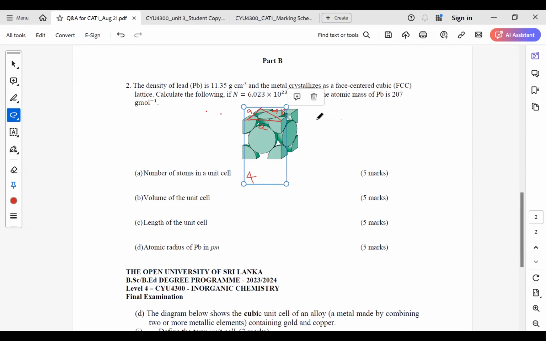Then if we write the Pythagoras equation for this, it will be 4R square equals A square plus A square. We can simplify this and isolate R on one side and get 2A square divided by 16.